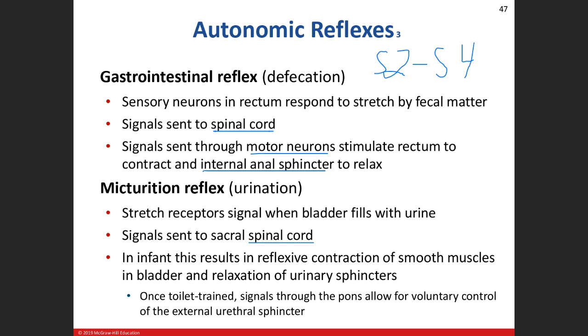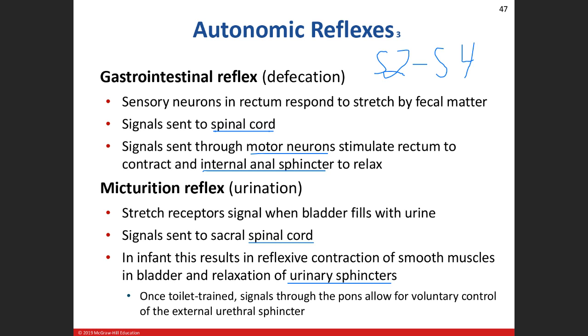At the same time, your urinary sphincters will relax, except for your external urinary sphincter, because again, that's skeletal muscle. We control that. Questions about that? It's not too bad. If you're understanding this, then I think you guys are going to be okay when you get into 211.